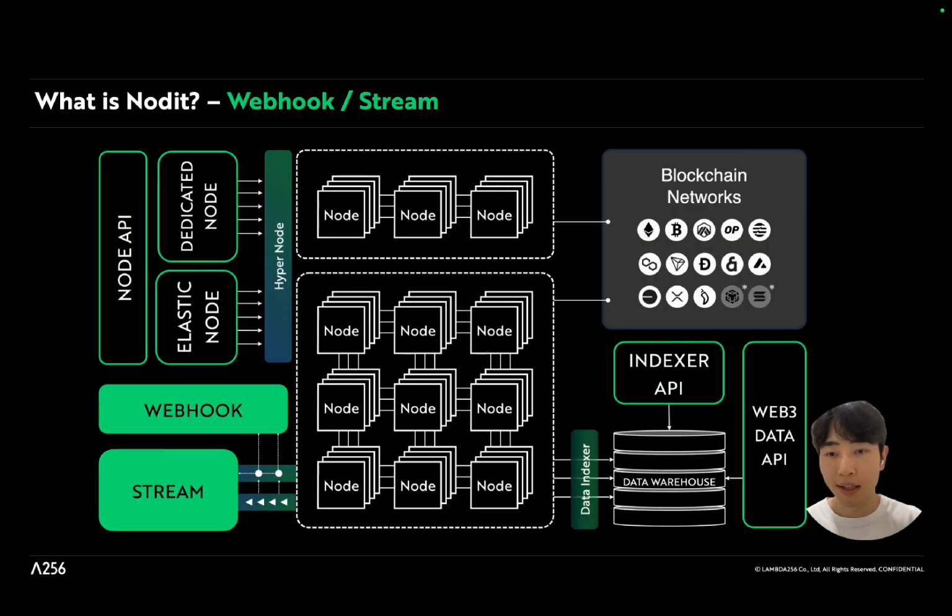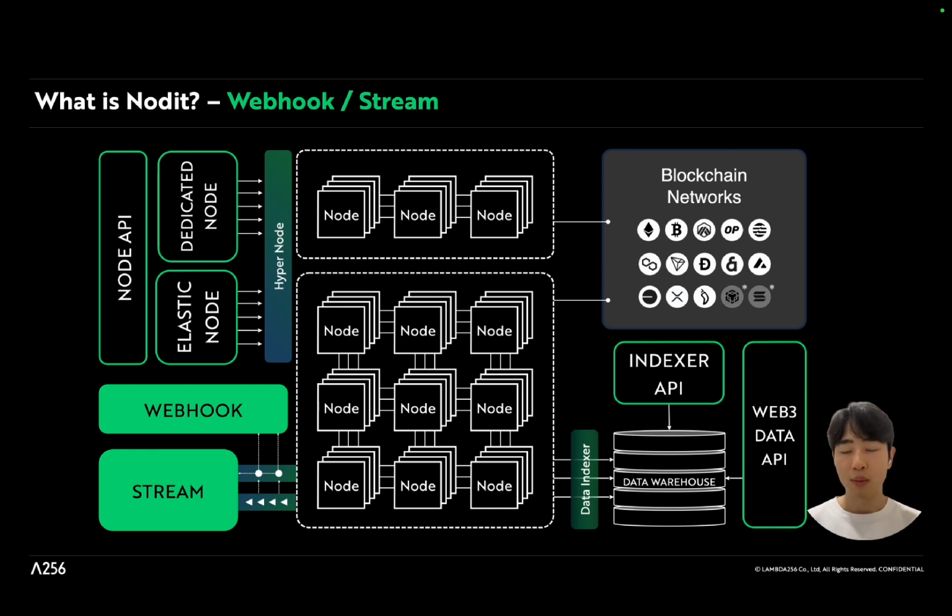So next, let's talk about how Nodit helps you react to blockchain events in real time. First, webhook. With webhook, you can receive a push notification to your server the moment an on-chain event occurs, like a token transfer, transaction, or smart contract interaction.